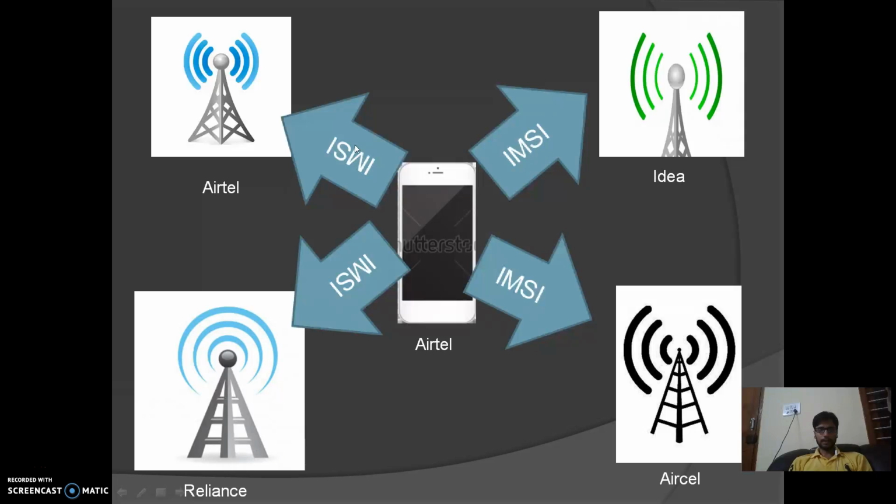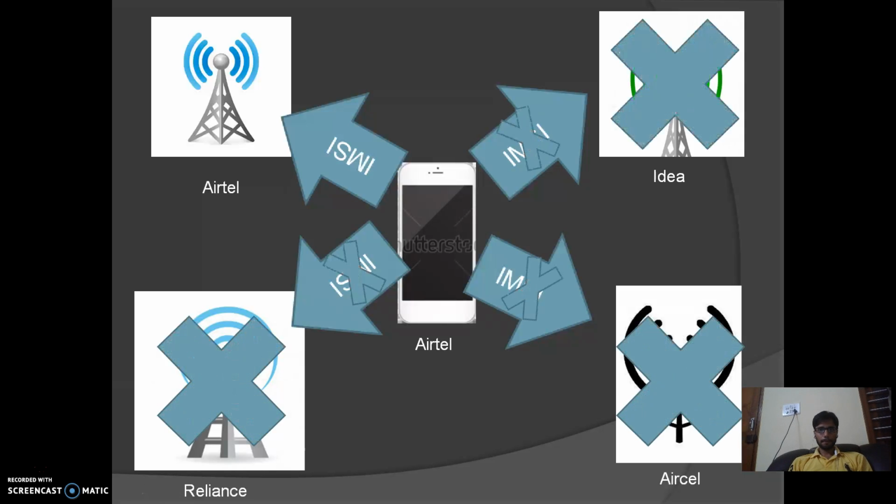Otherwise, it will just reject it. Since I have bought the Airtel SIM, it will match with the database of the Airtel tower, and for the others it won't match. So the other networks will get out of the picture. This is how it is being done. Since Airtel has recognized the SIM, now let's see what happens next.